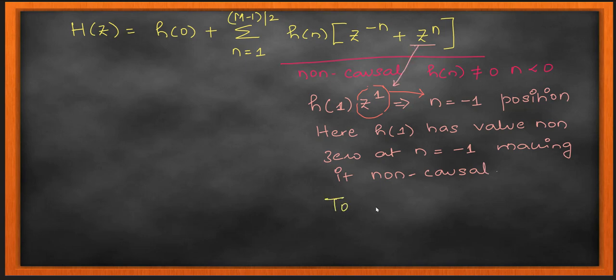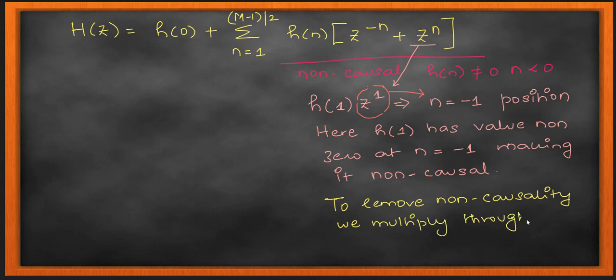So I am saying that from minus (m minus 1)/2 to plus (m minus 1)/2, I have filter coefficients on the negative side of the origin. These negative values must not be there if I want my filter to be a causal filter.